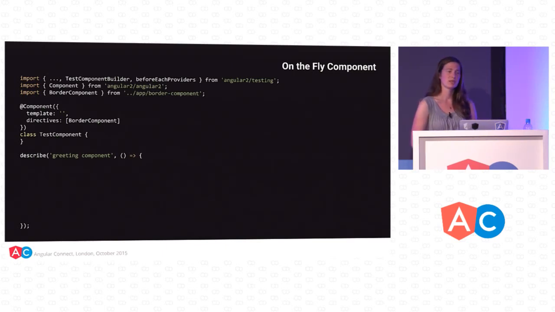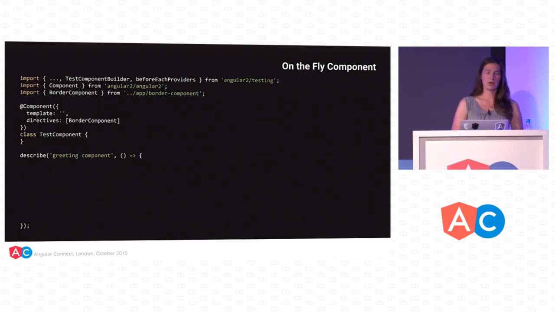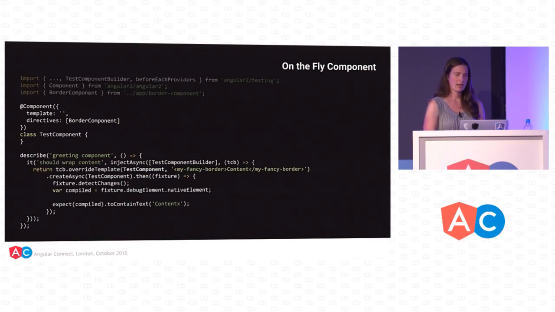We can do this by creating an on-the-fly component within our test, which uses the border component. So right within our test file, we'll go ahead and make a little component. We won't even give it a template because we're just going to override that in each individual test case to be exactly what we want. But we will mention that it relies on the border component directive. Then within our tests, we'll use the test component builder to override its template for that specific test.